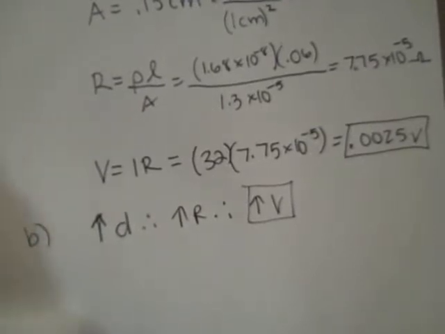Alright, next one, 76, is talking about a portable CD player here. Switch pages. So it says a CD player has a certain current at a certain potential difference or voltage. How much energy does it use in 35 seconds?